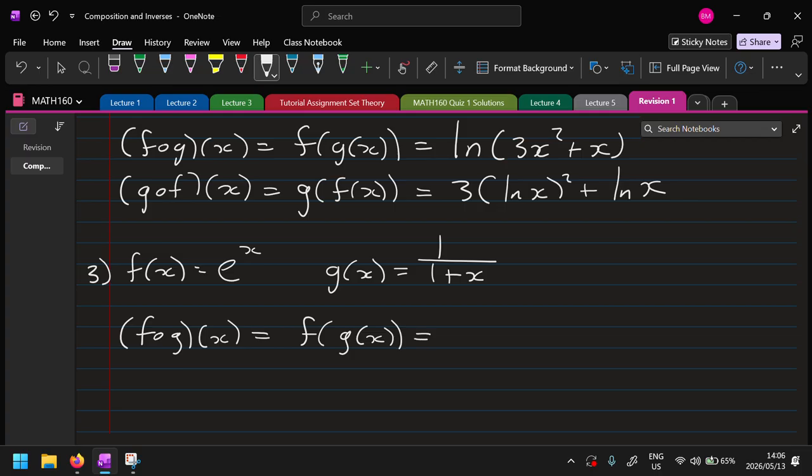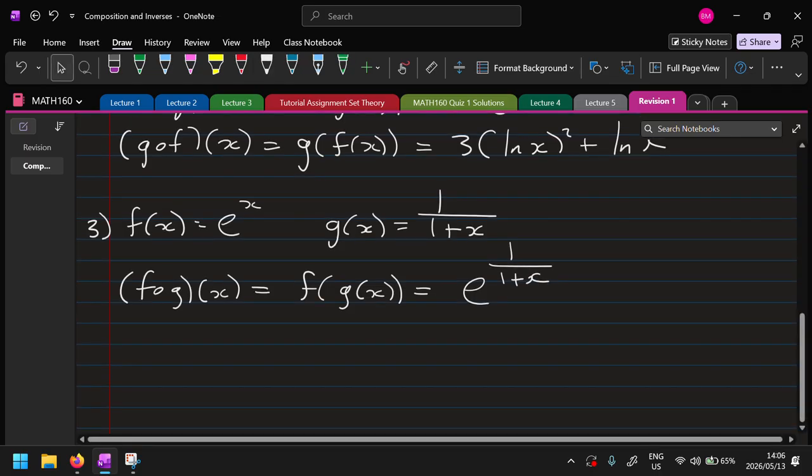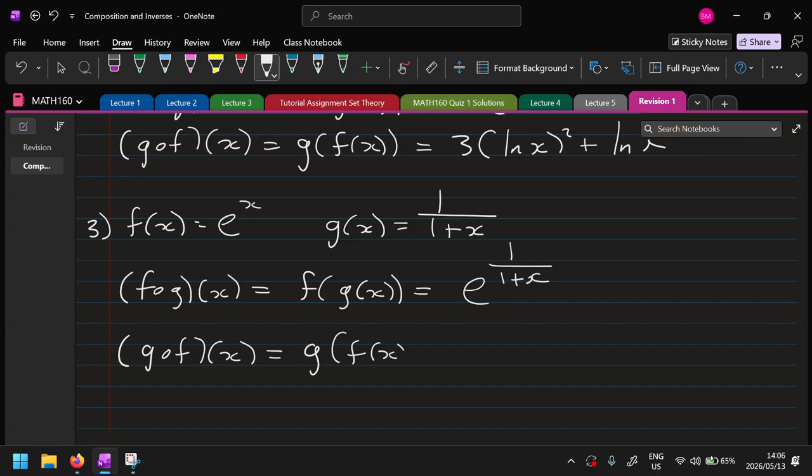So in place of x, we're going to put g. And again, in place of x, we'll put f.